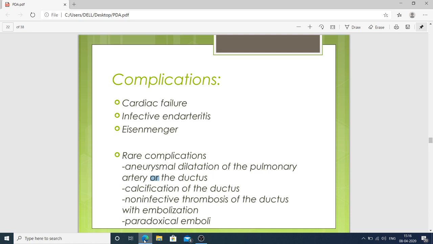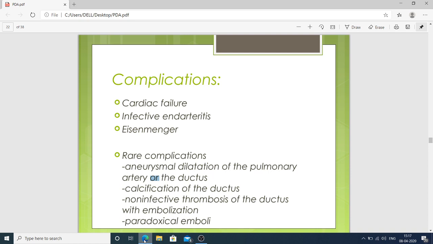Eisenmenger. What do you mean by Eisenmenger? It is a complication in which there is a hole between chambers of the heart, and the pressure in the pulmonary artery becomes so high that it causes oxygen-poor blood to flow from the right to the left ventricle and then to the body.